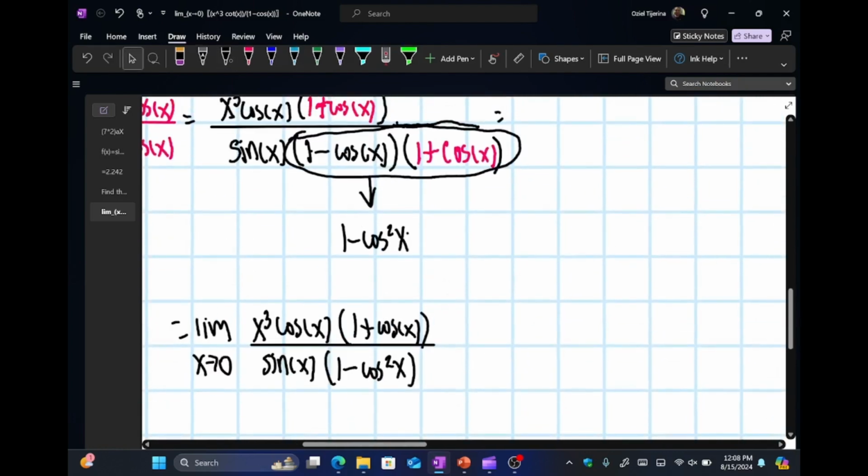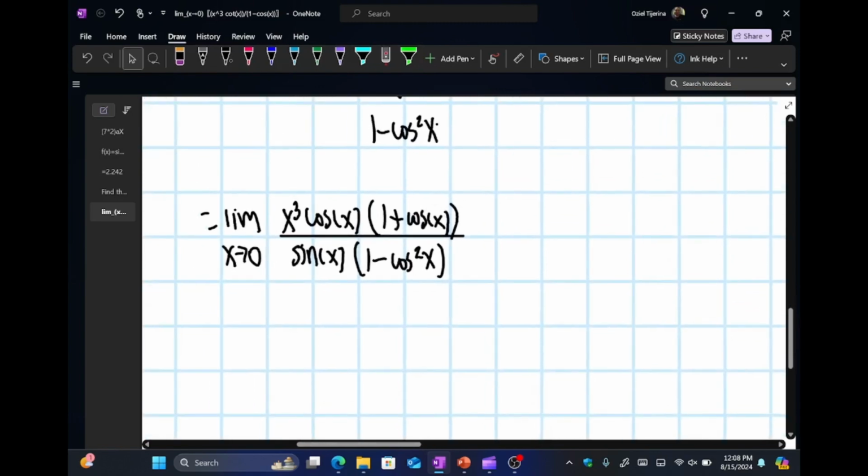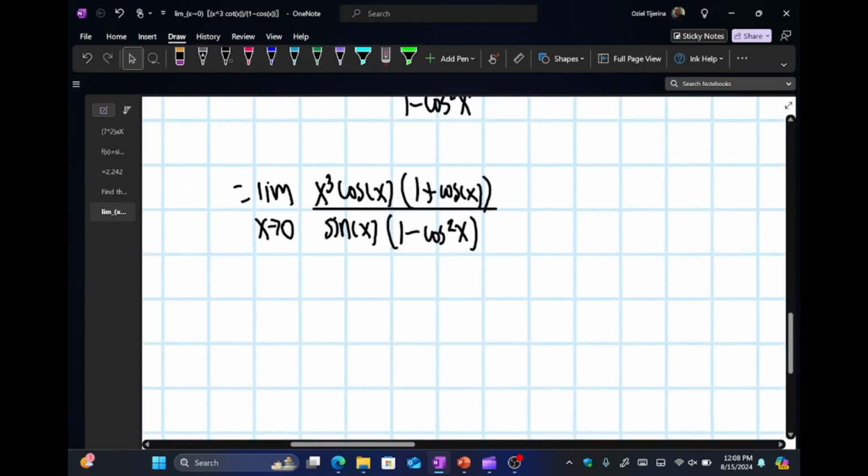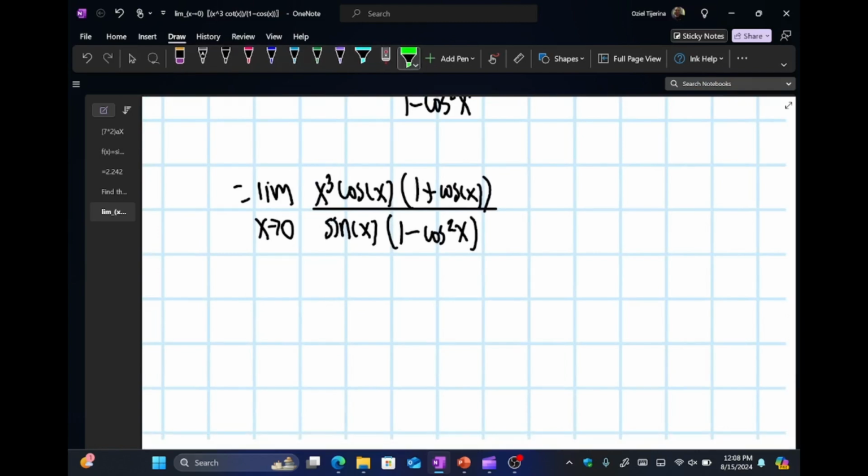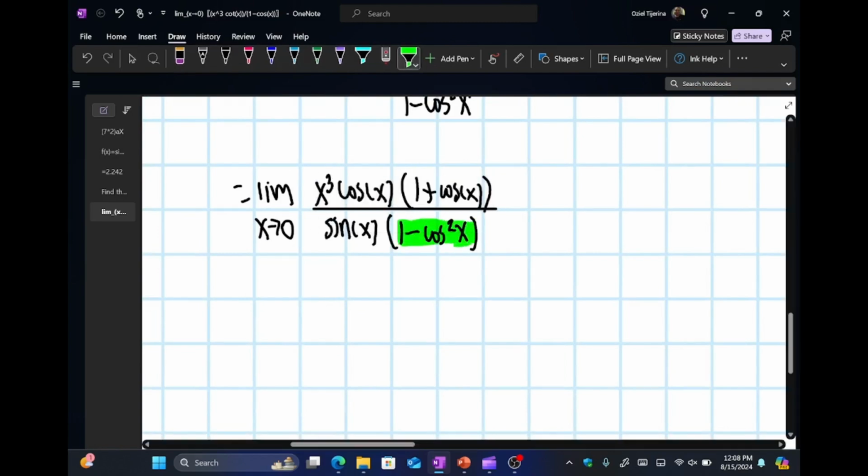Now here, we're going to change 1 minus cosine squared x to sine squared x.